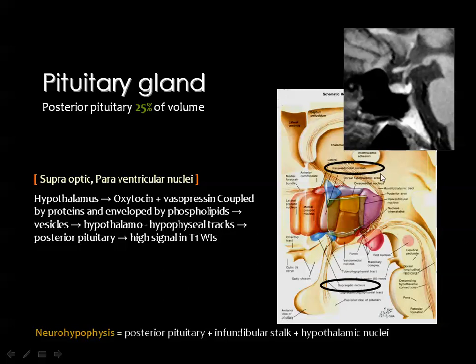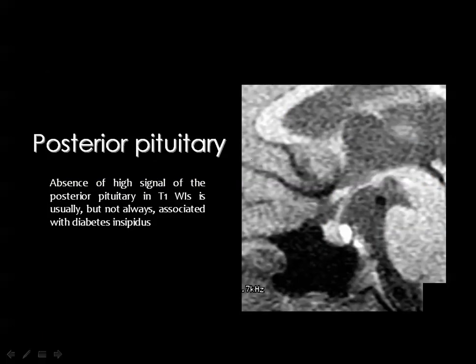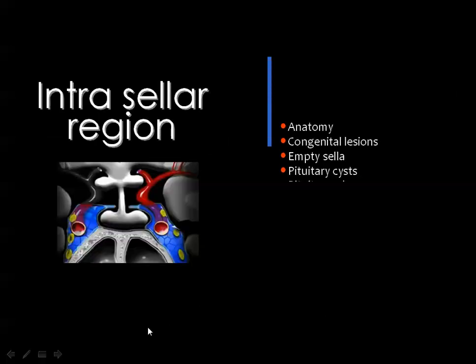Then they are delivered to the pituitary gland, or control the action of the pituitary gland via the infundibular stalk. This is the normal appearance of the pituitary gland. The posterior pituitary is brighter than the anterior pituitary in the sagittal T1 weighted images before injection of contrast.